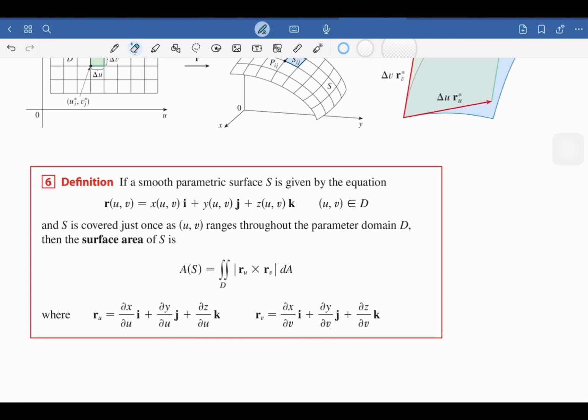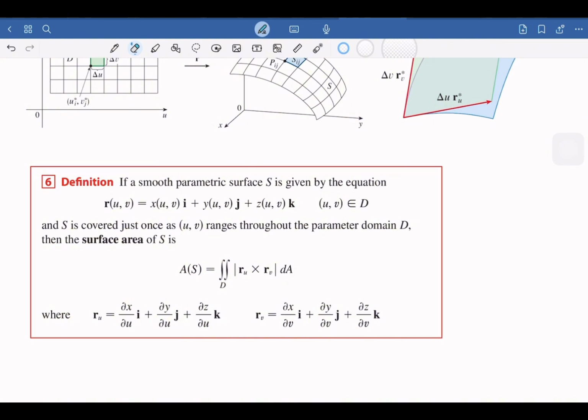So this says that the double integral over the domain D of the cross product Ru cross Rv dA, and we have defined Ru and Rv as in the previous statement.